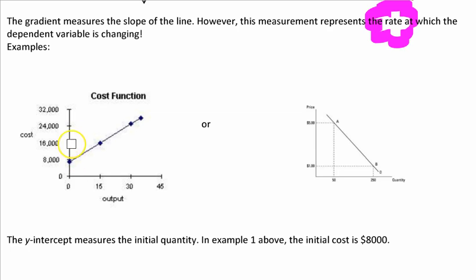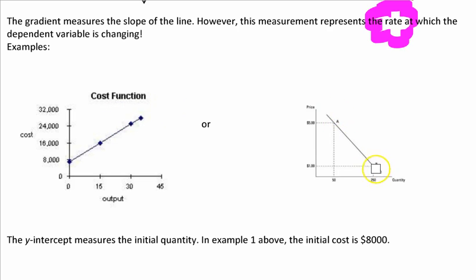We know that our dependent variable is cost, our independent variable is the output. We describe the gradient as the change in the dependent variable compared to the independent variable. So in this case, we would say there is an increase in the cost as the output increases.